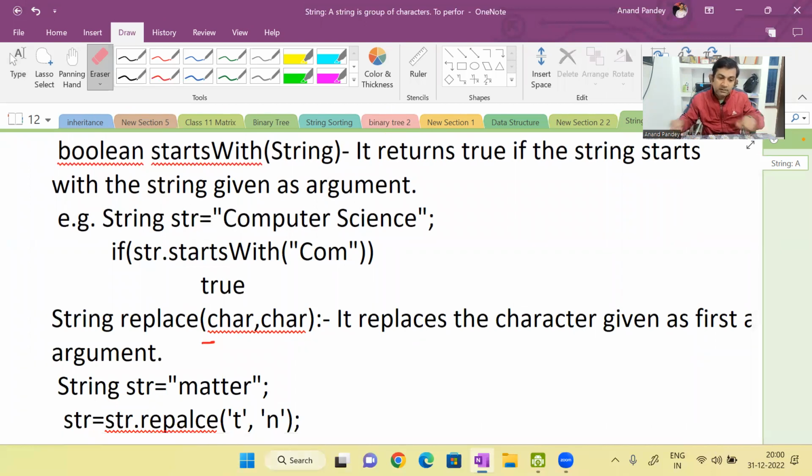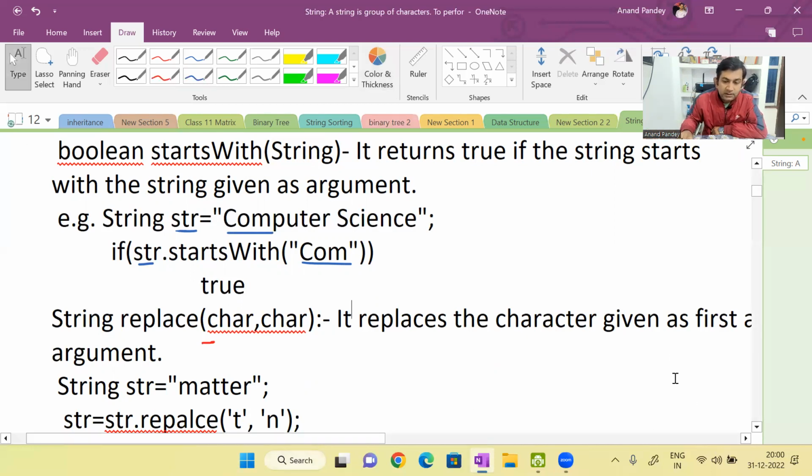Same thing, startsWith instead of endsWith. For example, consider str is computer science, and we are writing if str startsWith com. You can see this string is starting with com, so it will return true. So this is the startsWith function.